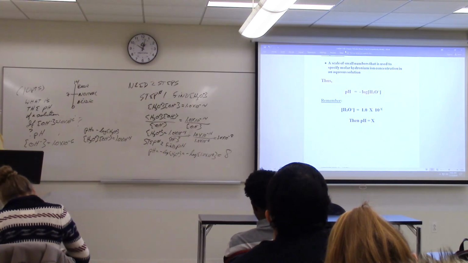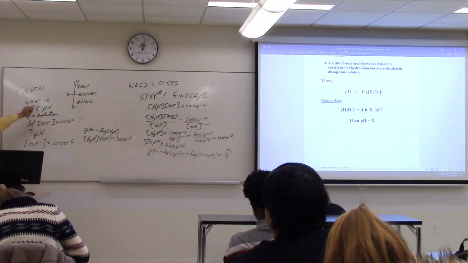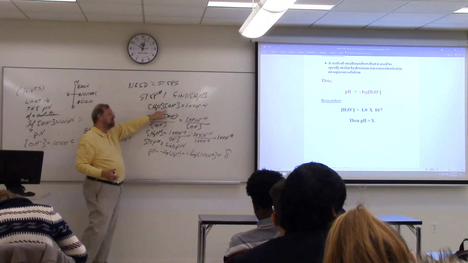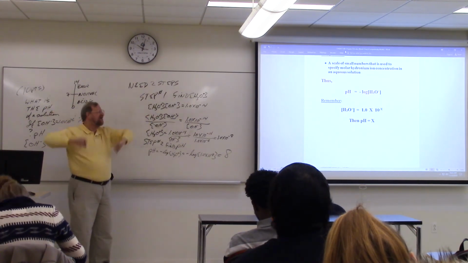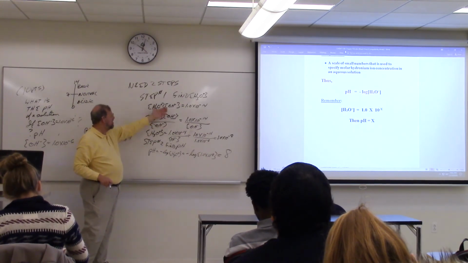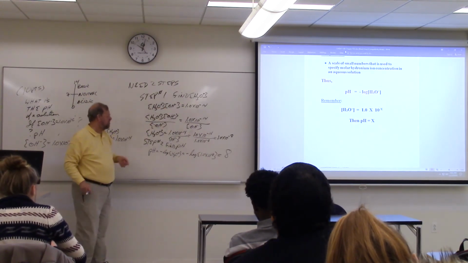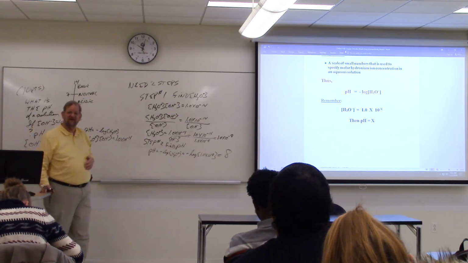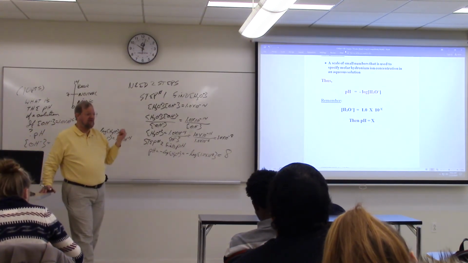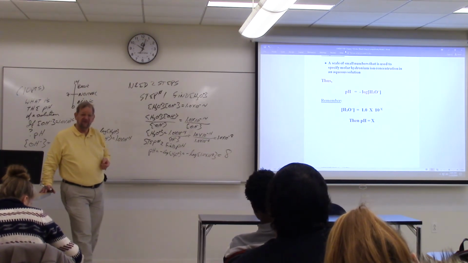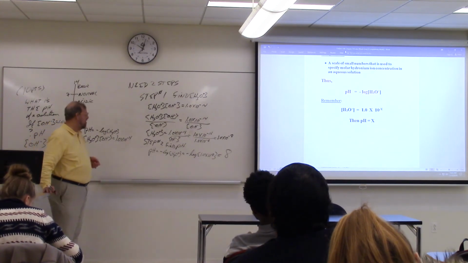So the key thing here is, first of all, if you're not given the hydronium ion concentration, you're given this, you have to solve for that using the fact that Kw is equal to the hydronium times hydroxide concentrations, which is 1.0 times 10 to the minus 14. Ooh, another gift that started last spring. In the past, I'd make students remember this. I'll give this to you as important information, so you don't have to memorize it, but you do know how to use it.